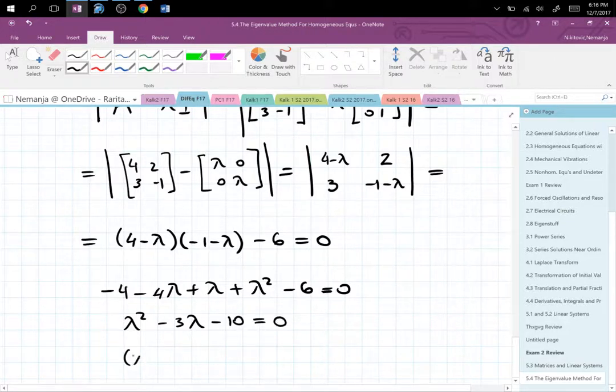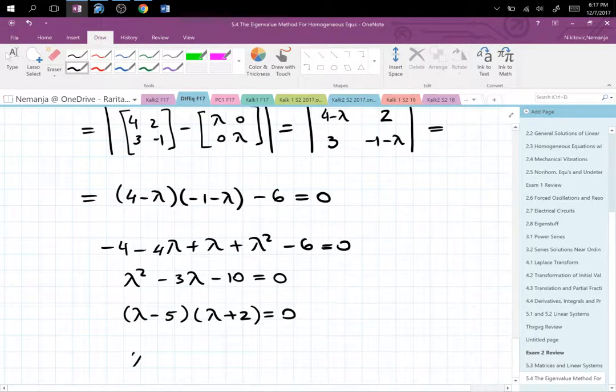And this factors into lambda minus 5, and then lambda plus 2 equals 0. And there they are. We got our eigenvalues. So eigenvalues are lambda is 5 and lambda is -2.